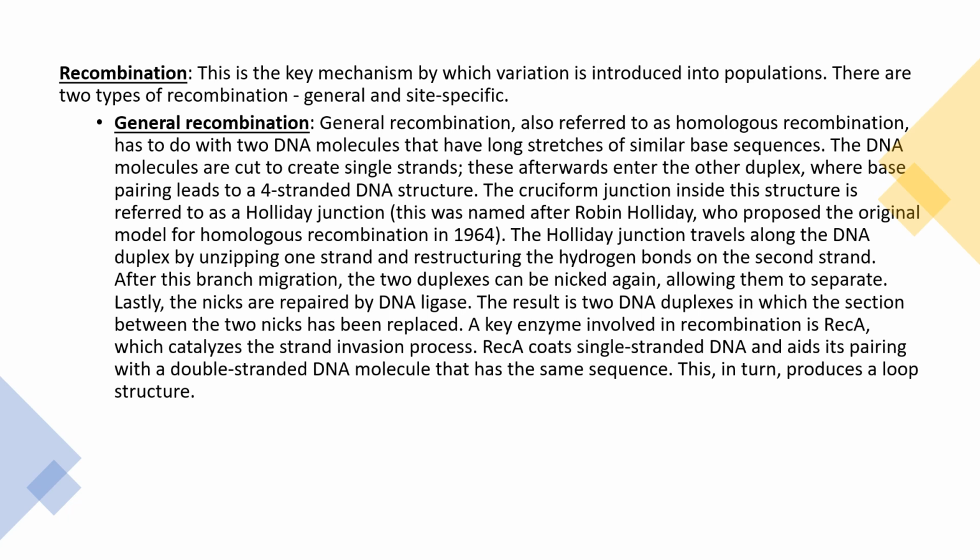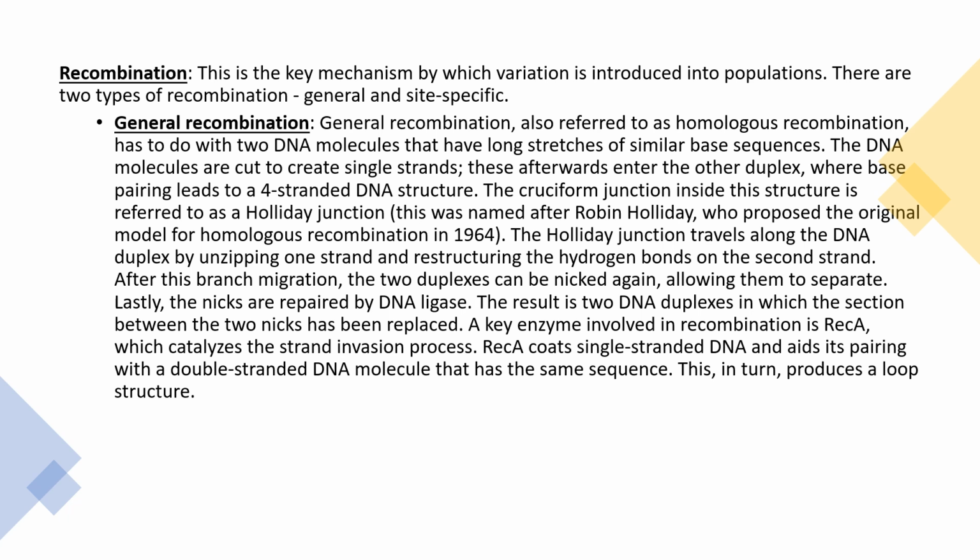Recombination. This is the key mechanism by which variation is introduced into populations. There are two types of recombination, general and site-specific. General recombination, which is also referred to as homologous recombination, has to do with two DNA molecules that have long stretches of similar base sequences.